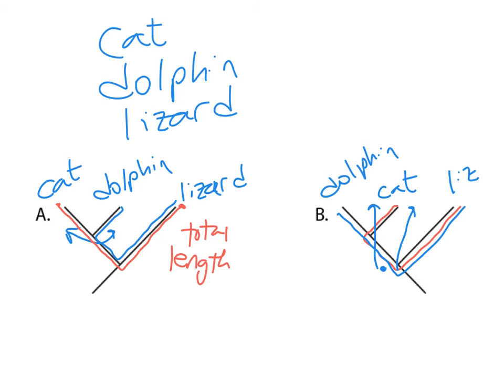So measuring branch lengths is a useful way of thinking about how to answer questions such as who is more closely related to who?